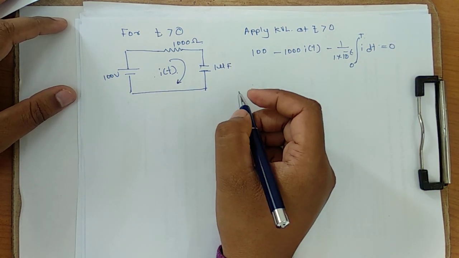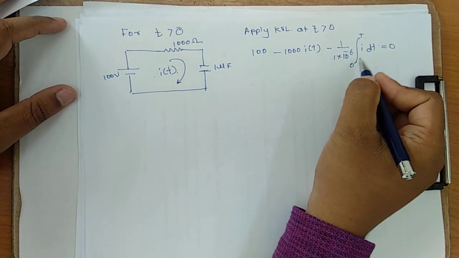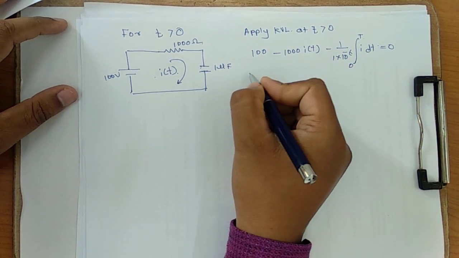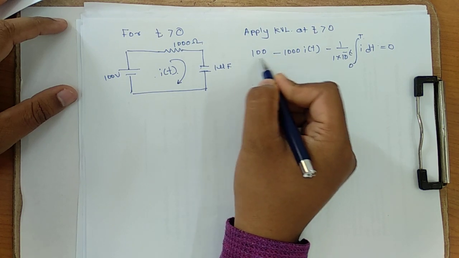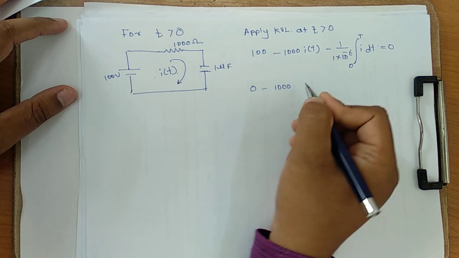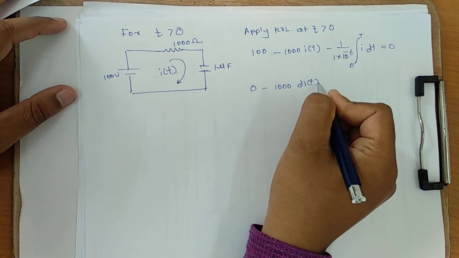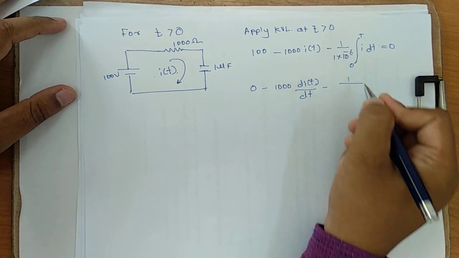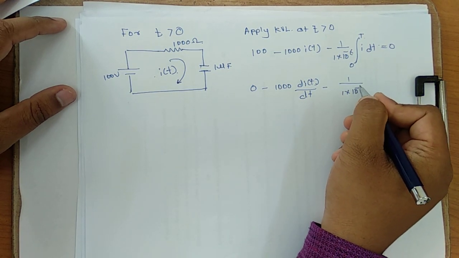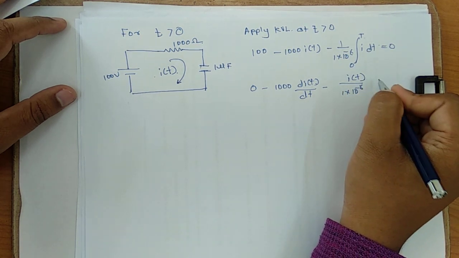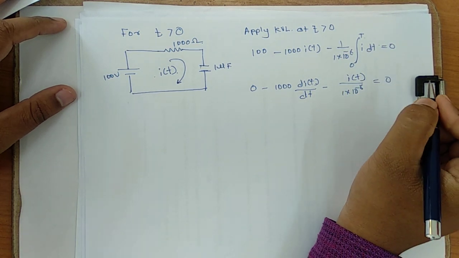Now I will take a differentiation, because I want to remove this integration. If you take the differentiation, this constant will be 0, minus 1000 di of t divided by dt, then 1 upon 1 into 10 raised to minus 6 I of t is equal to 0.